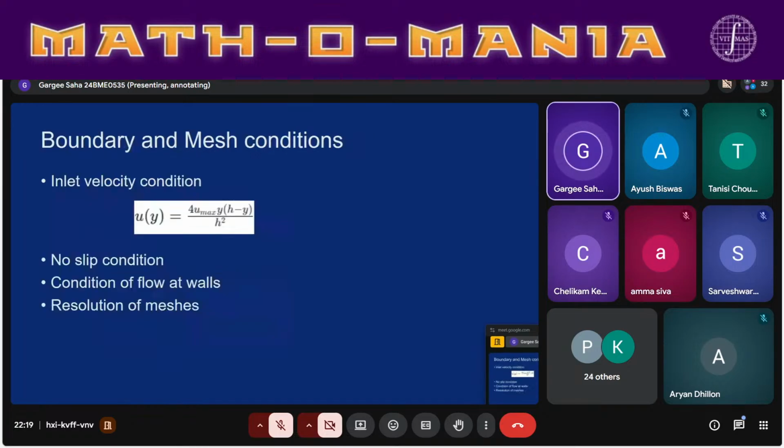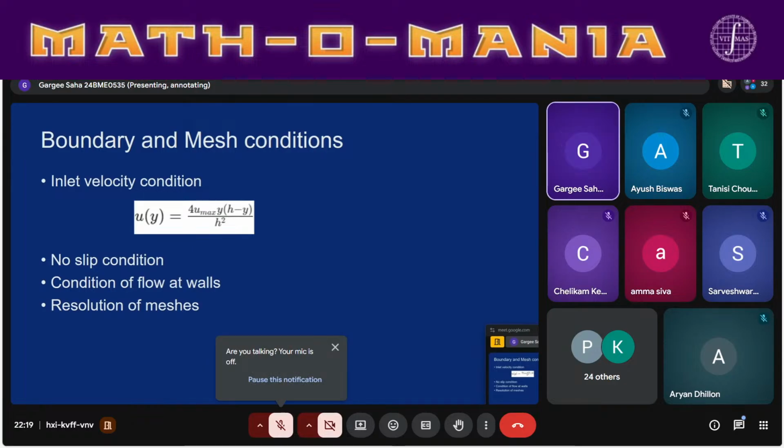So let us now discuss boundary and mesh conditions. As we have previously mentioned, the rectangular chamber will have majorly three parts: the inlet, the body, and the outlet. So the inlet velocity condition is given on the screen, and you can see that the velocity y will be indirectly proportional to h square.